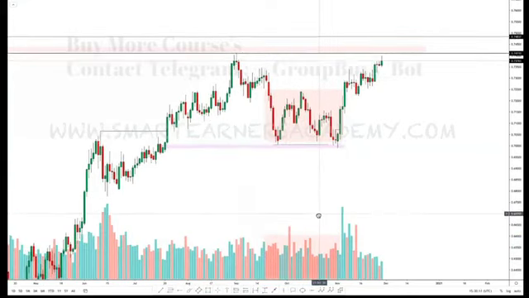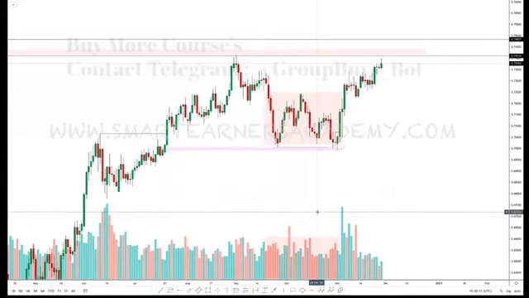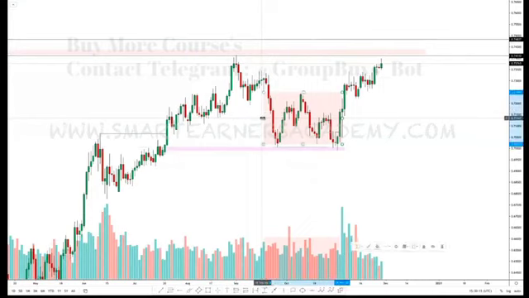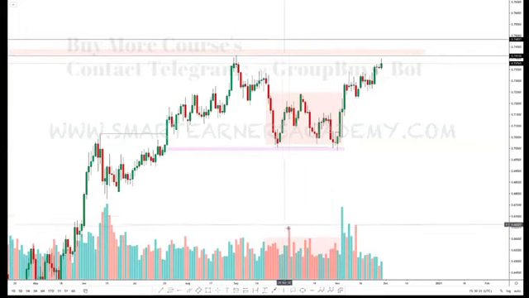Now, when you look at this, what do you observe within the volume? You observe that there are different amounts of volume and different heights. That's the first thing you observe, isn't it? But then, when you look at it, which one is showing you high momentum?